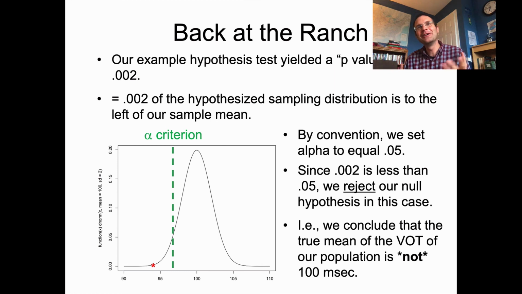Again, we don't find out if we're right exactly, and we don't find out what the mean value of VOT is in the population. We just say this hypothesis is wrong. Based on our best data, this hypothesis is not correct. We're going to reject it. VOT has to be something less than that value.